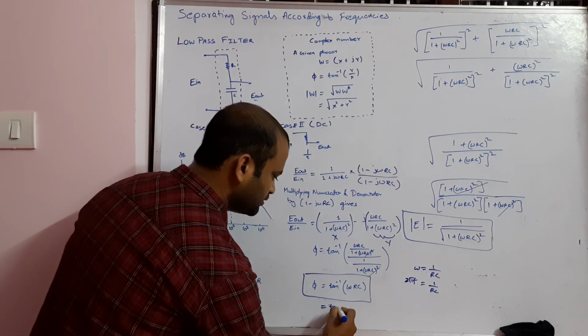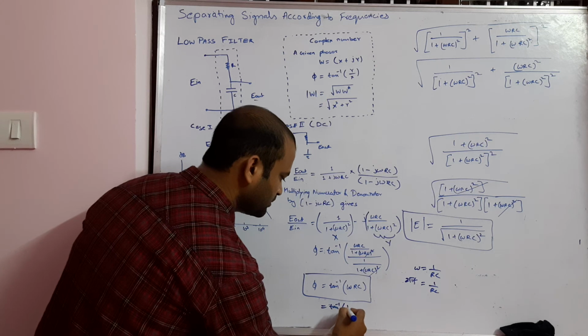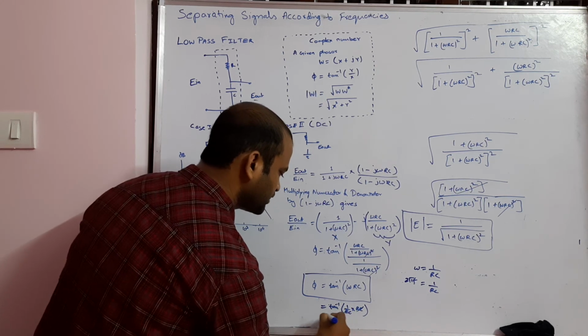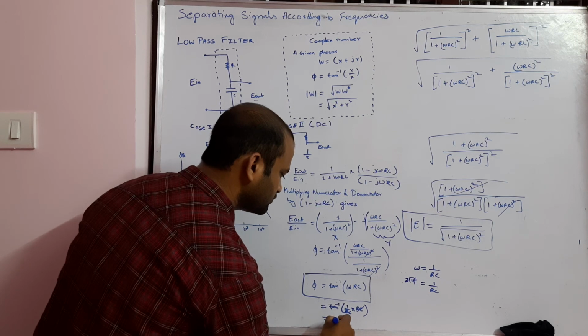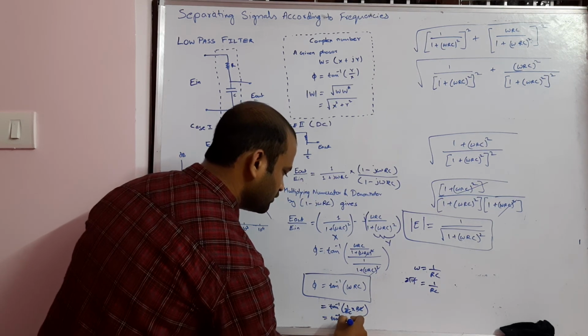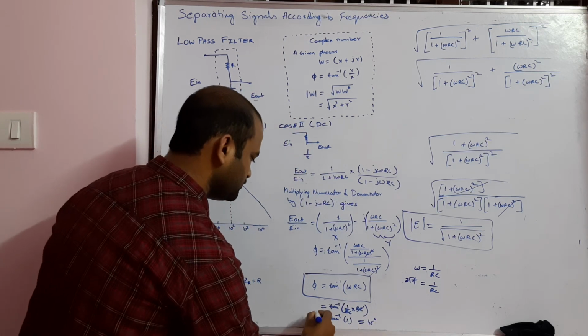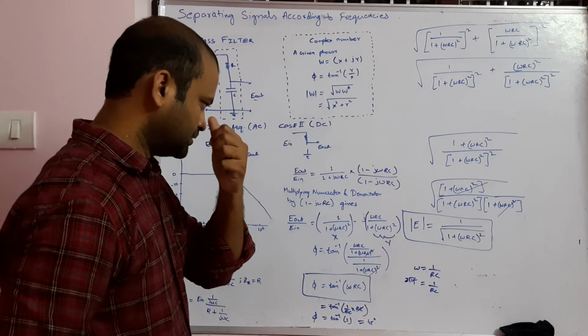You get tan inverse of 1 by RC multiplied by RC, and this you cancel, and tan inverse of 1 is equal to 45 degrees. So you get a phase angle of 45 degrees.